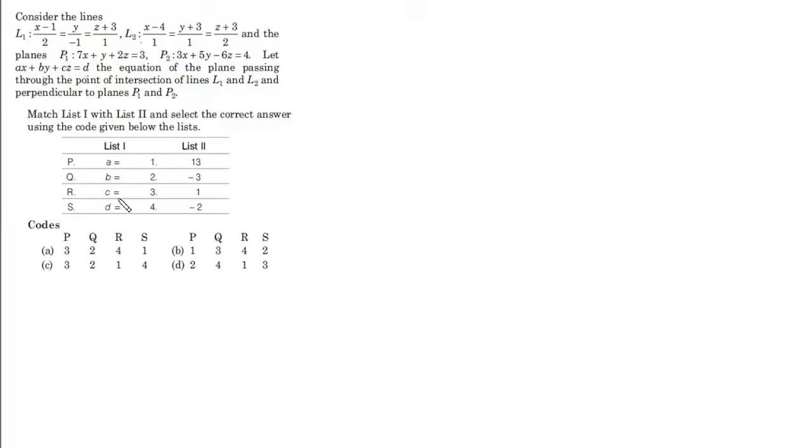Now first what we'll do is we'll find the point of intersection of two lines, and for this we'll use parametric coordinates. Now say this is lambda and this is t. Now a point on the first line, we can write this as 2 lambda plus 1, minus lambda, and lambda minus 3, and this point of intersection will lie on the second line also.